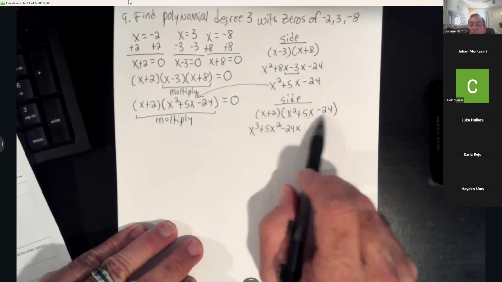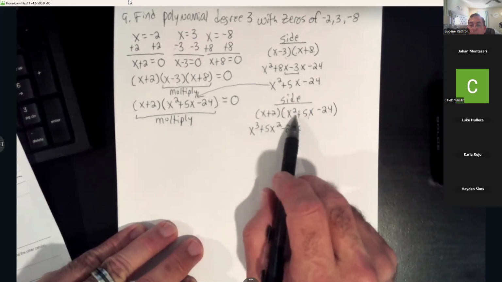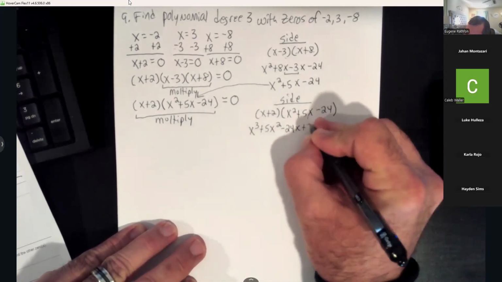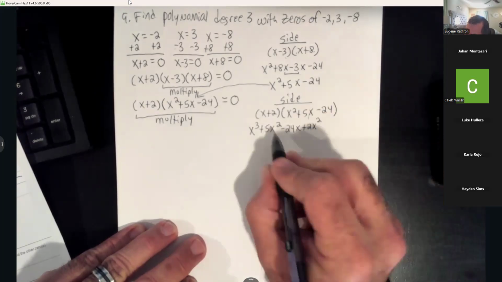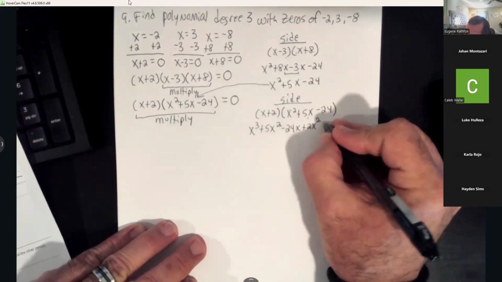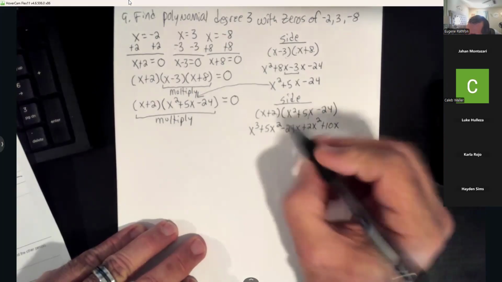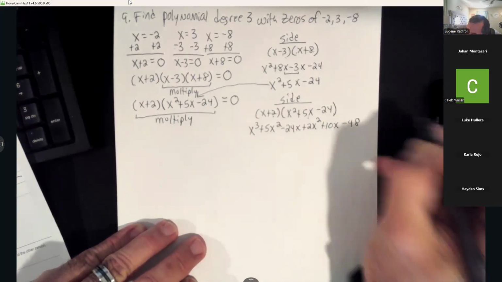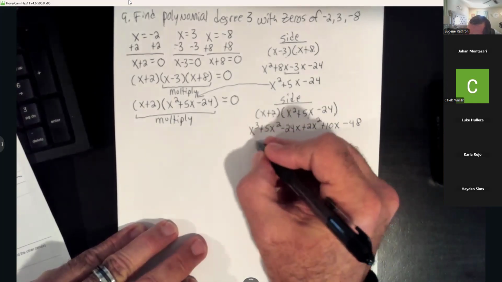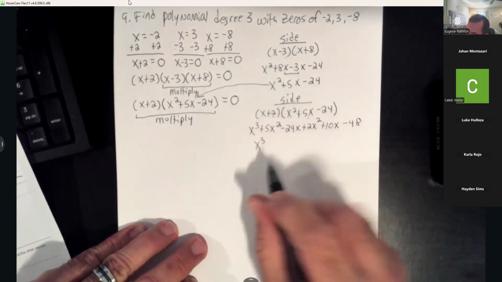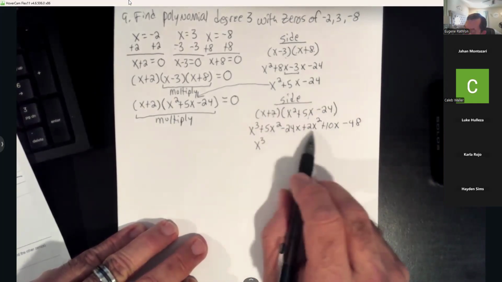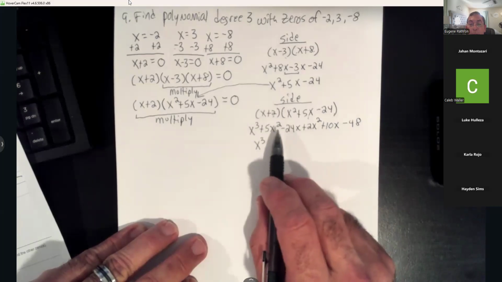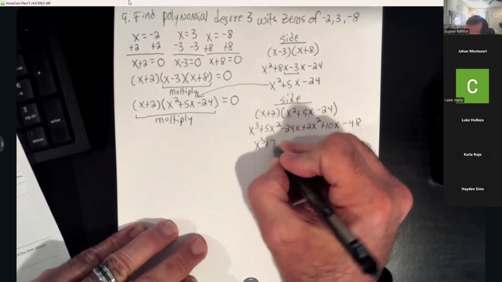Now multiply 2 times all three of these. 2 times x squared is a 2x squared. 2 times 5x is 10x. 2 times negative 24 is negative 48. So let me add my like terms. So I got my x cubed. 5 plus 2 give me 7x squared.